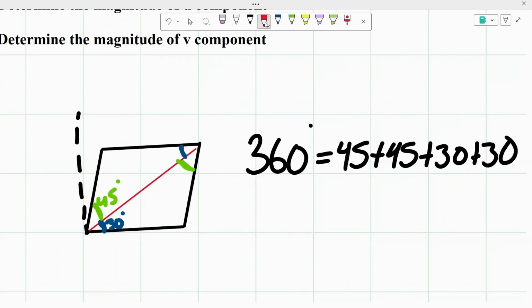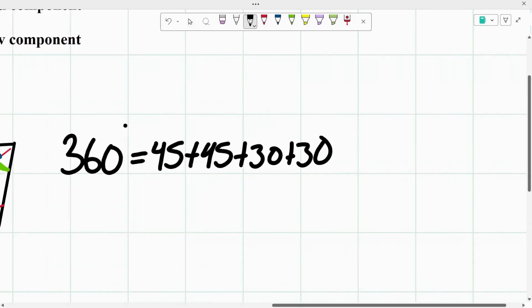We forgot to label these ones, so we're going to call them beta, plus 2 betas.